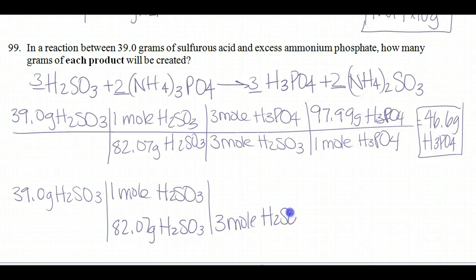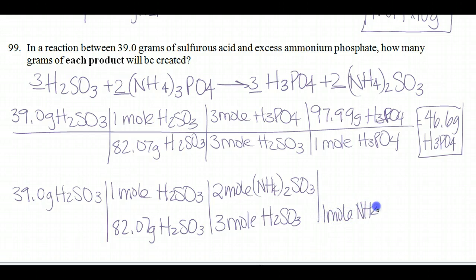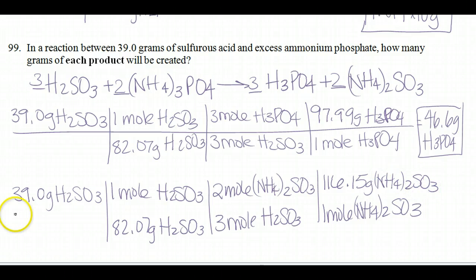This time, we're going to put our other product on top, though, the 2 moles of the ammonium sulfite. And then again, we convert that ammonium sulfite to grams as our last step using that molar mass. Okay, so we go ahead and we plug that into our calculator.